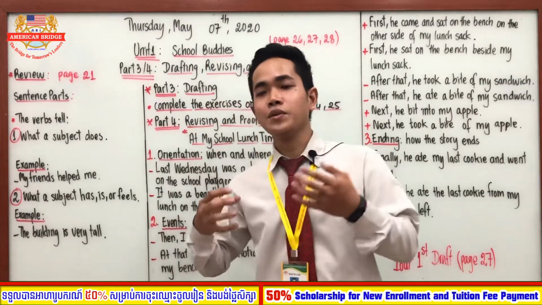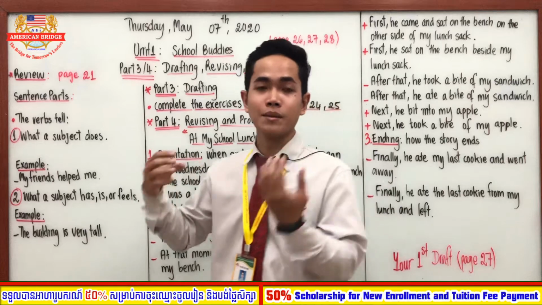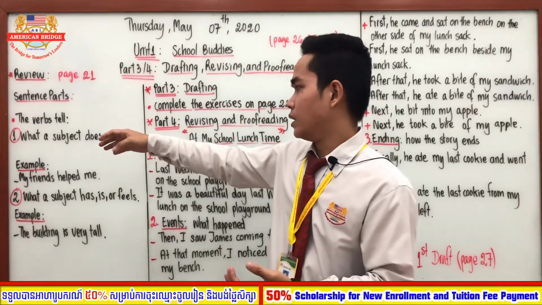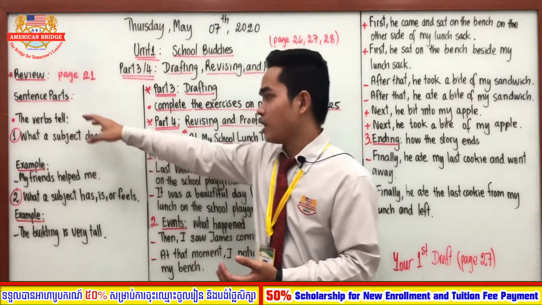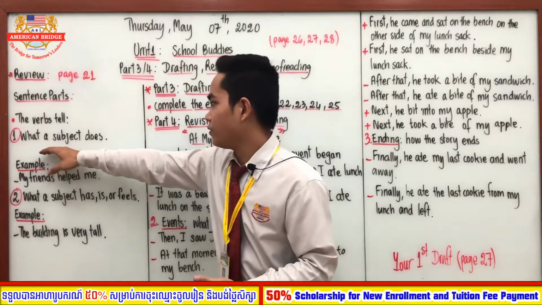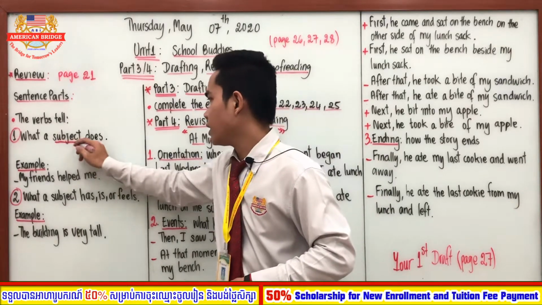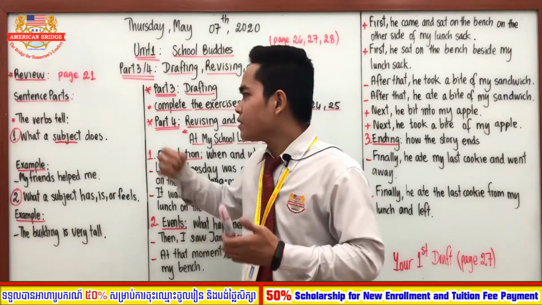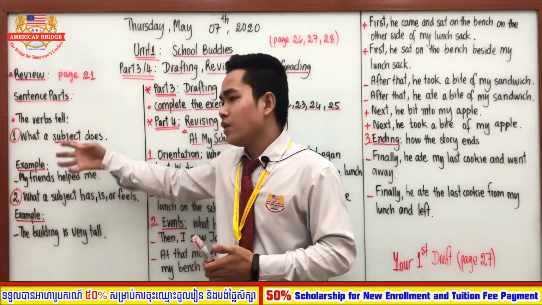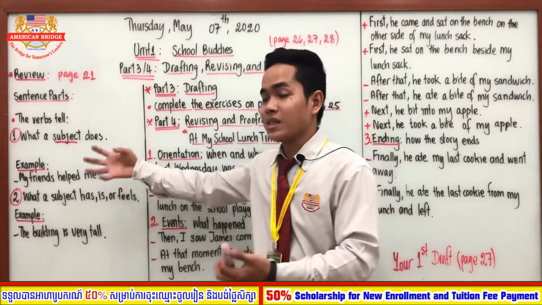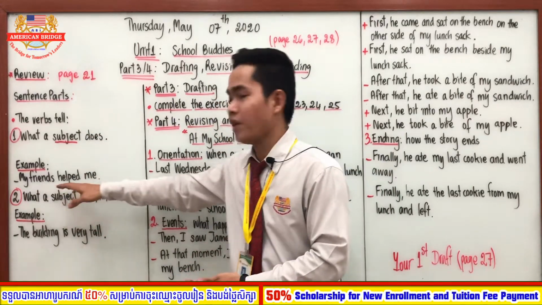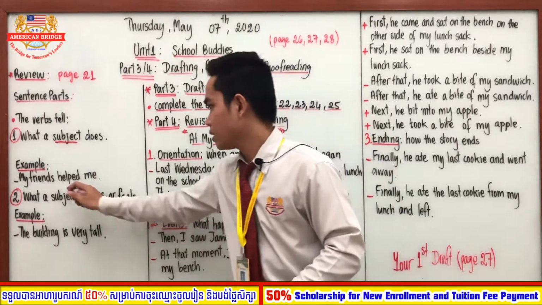So I will summarize what you studied last week, which is about the sentence parts. In a sentence we have the subject, as you can see here, and we also have the verb. When we have a subject, it shows us what a subject does. Example: my friends help me. Does what? Yes, help.